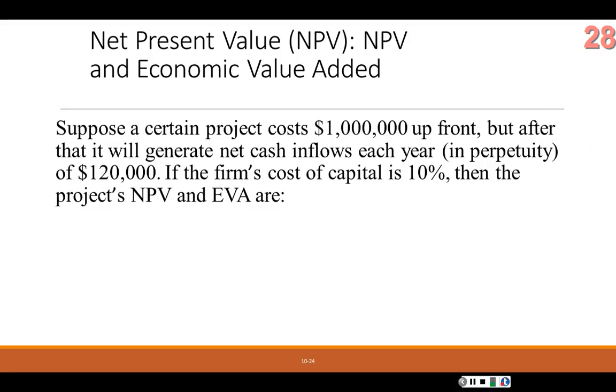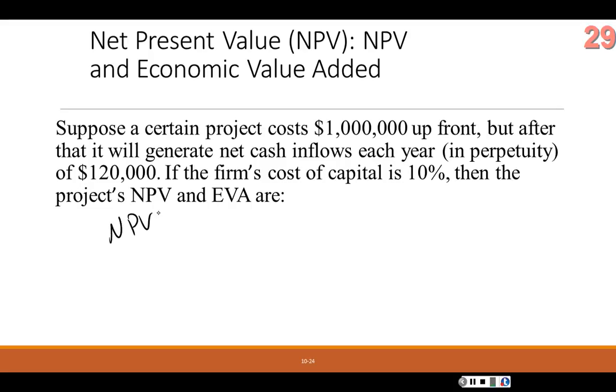So here we can calculate economic value added. Suppose a project costs $1 million. After that, it will generate cash inflows forever, a perpetuity, remember that means forever, of $120,000. The firm's cost of capital is 10%, so we can calculate the NPV and the economic value added.